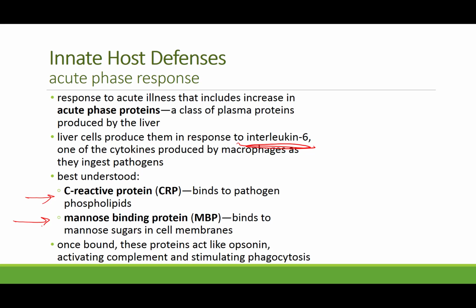And so MBP, mannose binding protein, binds to the mannose. And once these acute phase proteins are bound to the membrane of the pathogen, then they act just like opsonin does. So this is like another way of triggering opsonization. So it activates complement. We see the proteins binding and allowing phagocytosis to occur more easily.